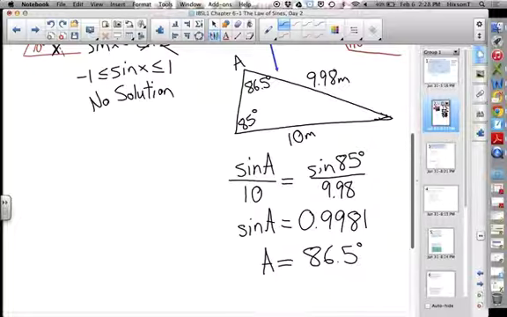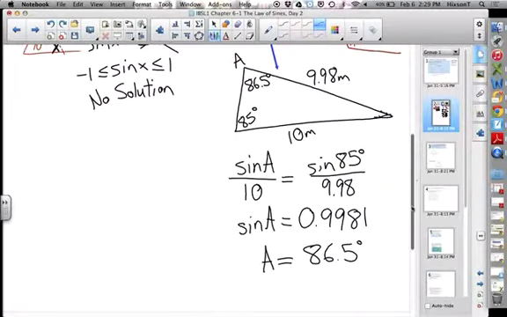Yeah, that's not the only answer, because sine has two times where it's positive: the first and second quadrants.